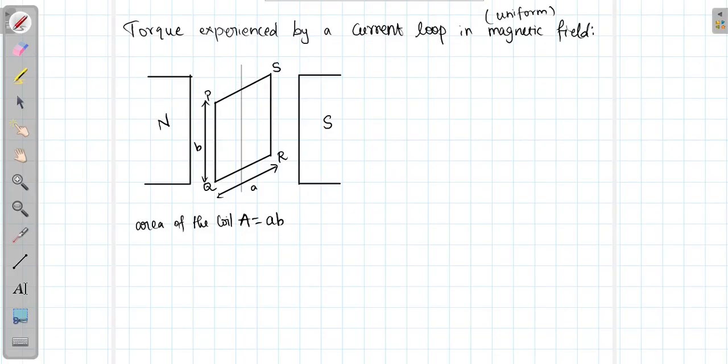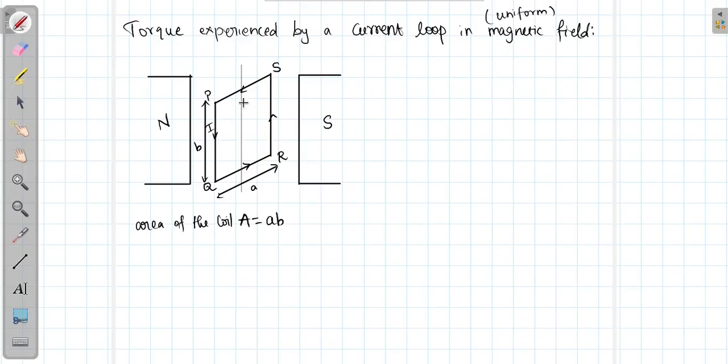The direction of current as per the textbook is downward from P to Q, so the current flows along PQRSP. PQRS is a rectangular plane.